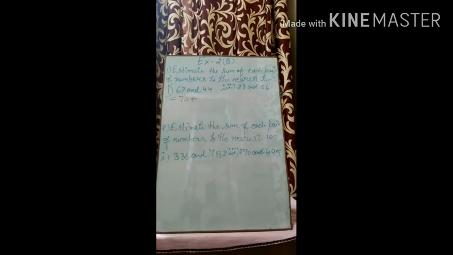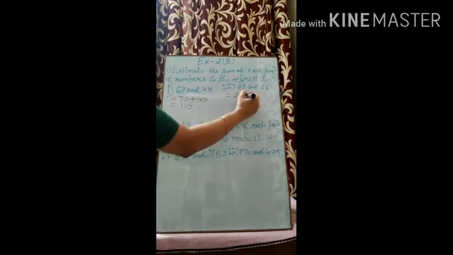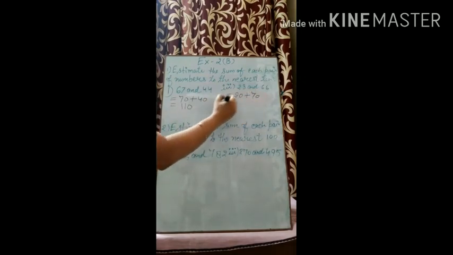Put a plus sign in between because we are adding. 44 rounded down to 40. 110 is your answer. Similarly here, 23 is rounded down to 20. 66 rounded up to 70. 90 is your answer.